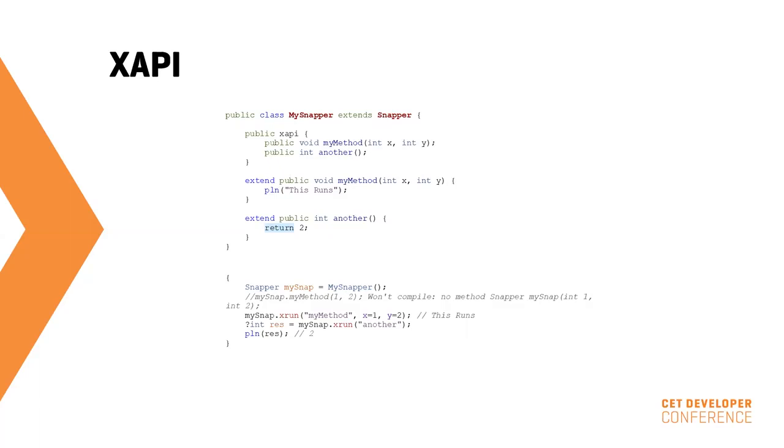But now I can just call xrun and then my method name as a string, and then a comma with the parameter IDs and their values separated by commas. And then this runs, and this will equal 2, which is what I want it to be. So yeah, that's just kind of cool.